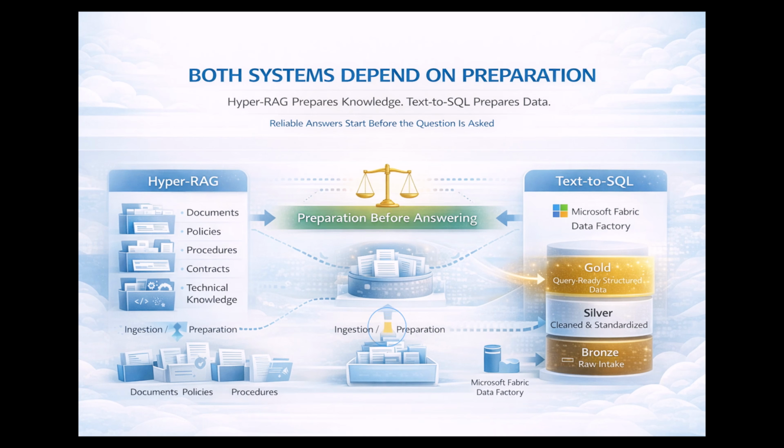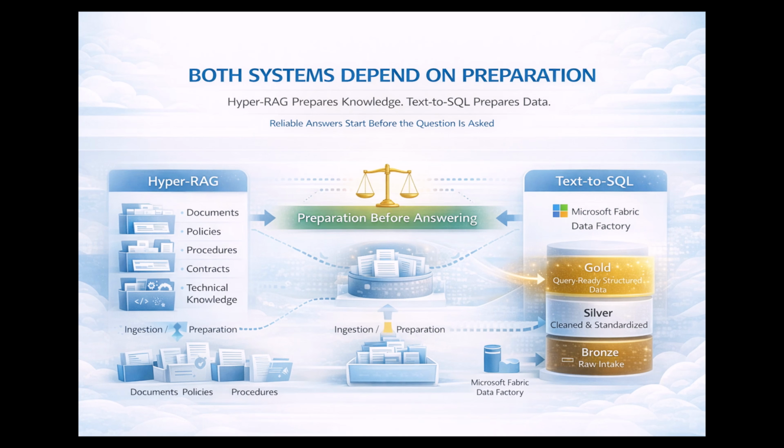In that sense, there is a clear similarity to the Hyper-RAG approach. Just as Hyper-RAG depends on knowledge being prepared in advance for strong retrieval and grounding, Text-to-SQL also depends on data being prepared in advance for reliable querying. And that is exactly why Microsoft Fabric Data Factory is such a great service for this role.